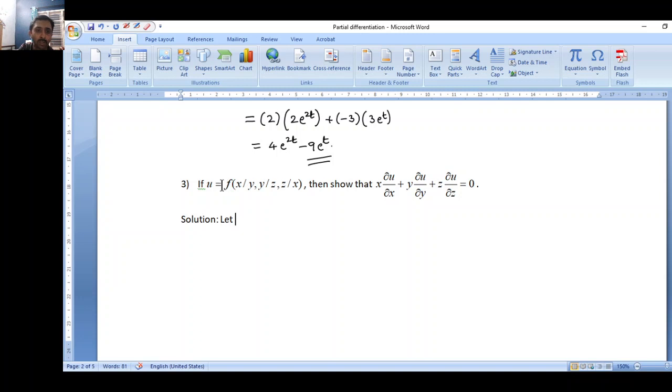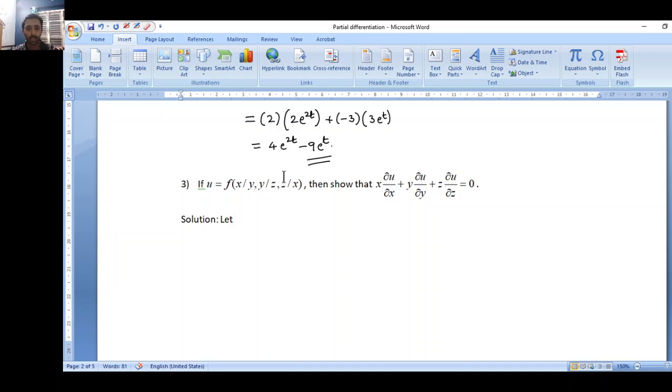As you can see here, u is going to be a function of x by y, comma y by z, comma z by x. Because of that, I'll have to understand x by y as one variable, y by z as another variable, and z by x as one more variable.